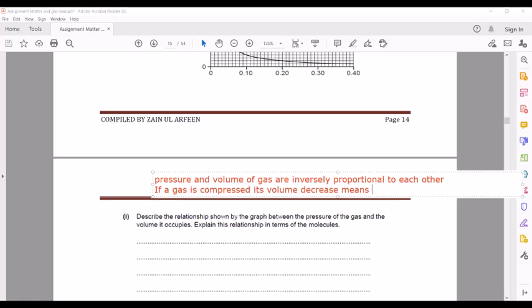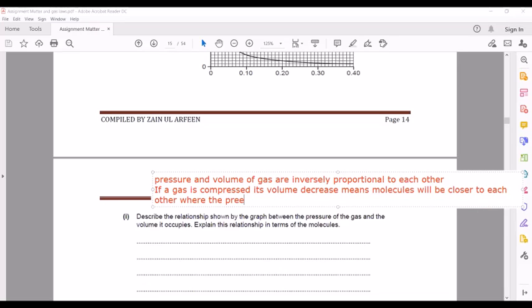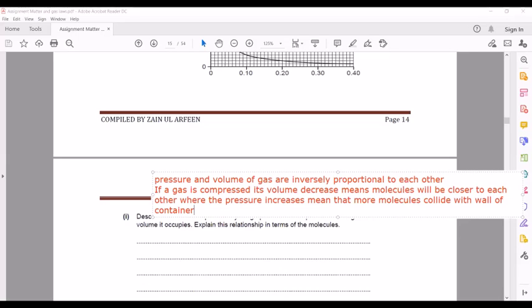Because you have to explain in terms of particles, its volume decreases, it means the particles, or the molecules, will be closer to each other, where the pressure increases, meaning that more molecules collide with the wall of the container. Is it clear? This is how you get the 3 marks.